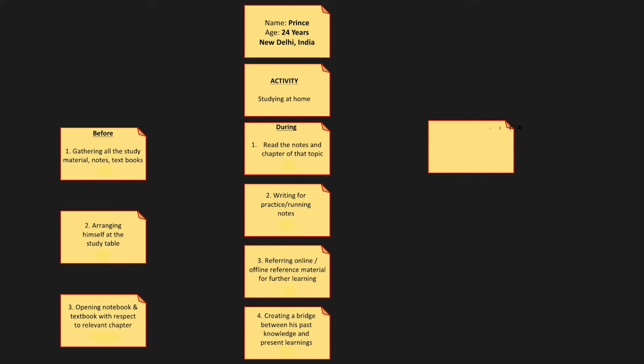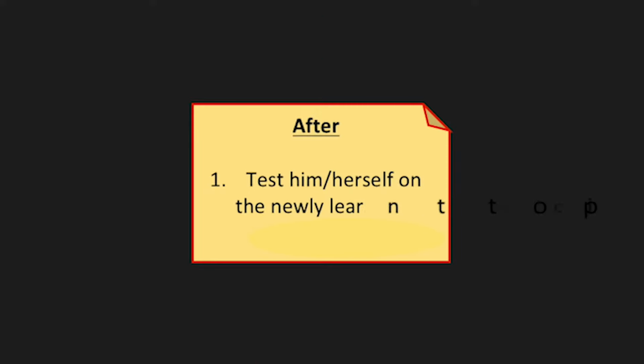Probably he would want to recheck whether his learning or understanding is correct. Cross-check himself, test himself on the newly learned topic.